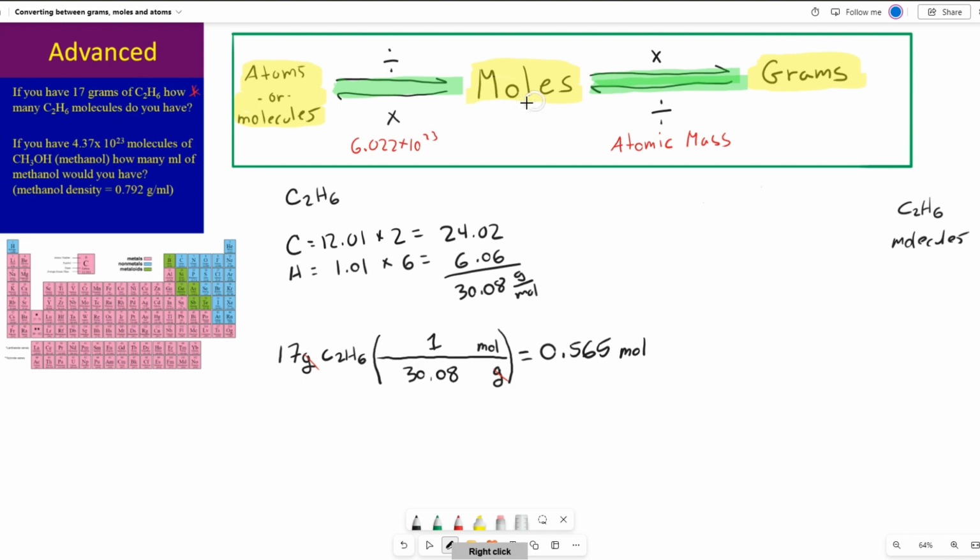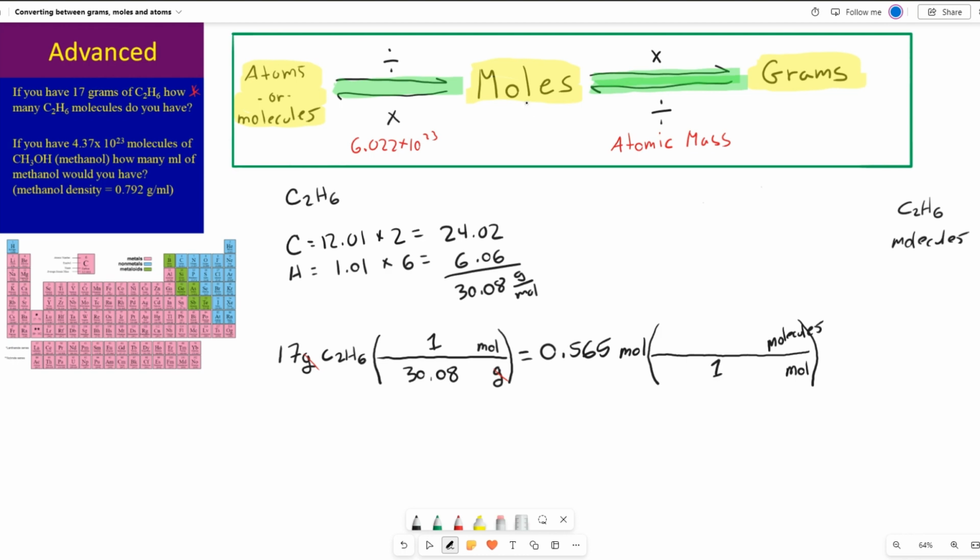Now we're going to need to go from moles to molecules, and to do that we're going to multiply by Avogadro's number. Now we need to be careful, we're working with moles and molecules here, so we don't want to mix up our units. So we have moles, we're going to put moles on the bottom so they cancel out, and then molecules. Squeeze it in up there so we don't mistake the two terms.